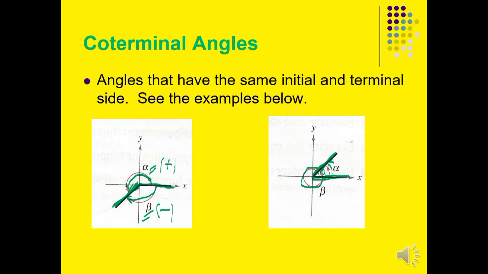The alpha value is the same as the beta value. The first angle is positive, namely angle alpha, whereas here the beta is negative, but they have both the same angle.